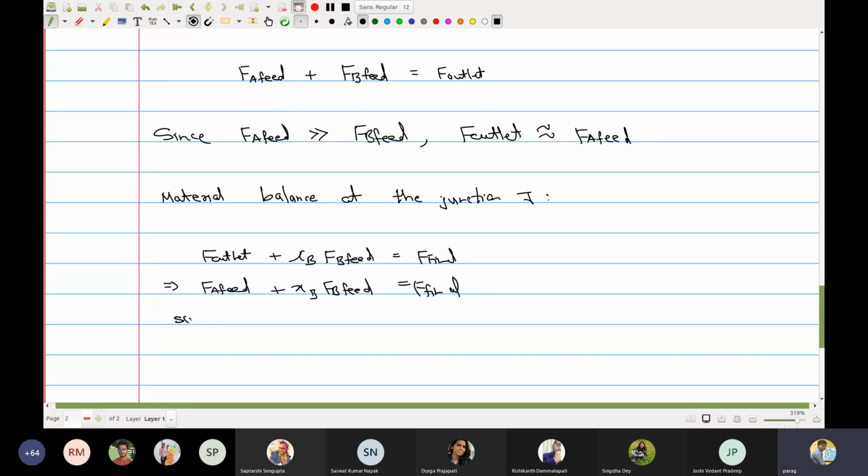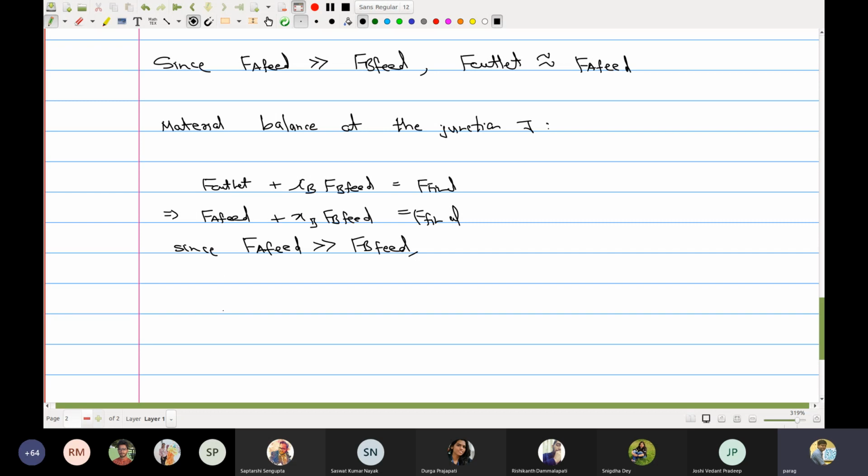And since FA feed is much larger than FB feed, a fraction of FB feed would be even smaller. So what I can finally write is that F outlet is similar to F final, which is similar to FA feed, right?